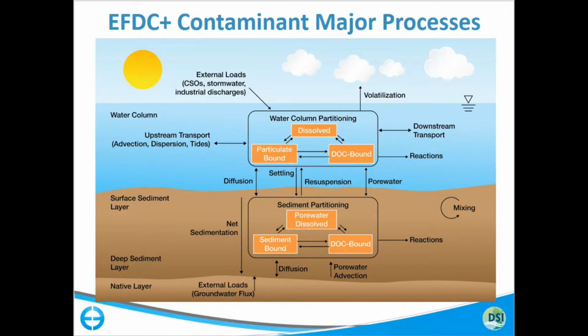Then it transports, and then it starts splitting stuff up into the different fractions. But so we've got the partitioning, and we also have associated with that, as it partitions to a particulate bound material, it can settle. Likewise, the contaminant that's bound to a sediment particle, if it gets resuspended, gets kicked up into the water column.